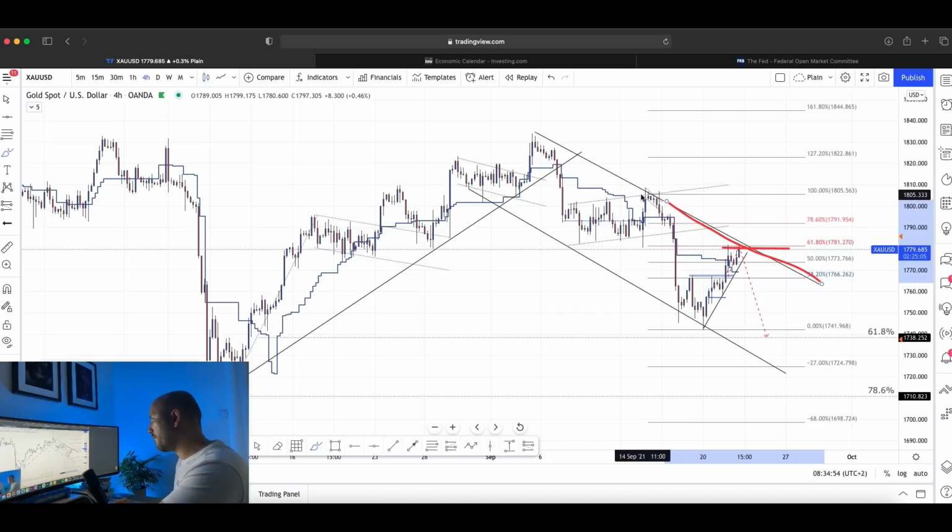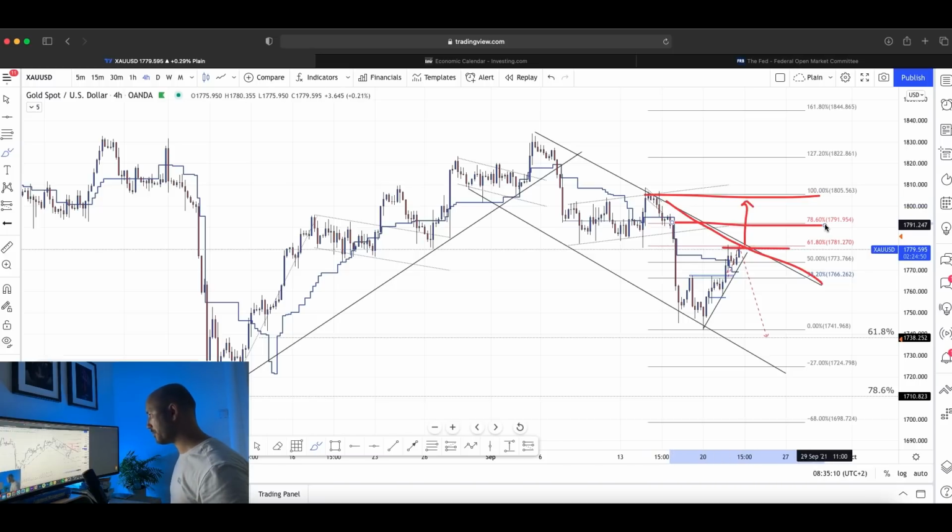But we also have the market structure. The previous high was actually much higher, about $34 higher than the current price, which is pretty substantial. And in between, we have another well-known reaction level, the Fibonacci retracement level of 78.60.